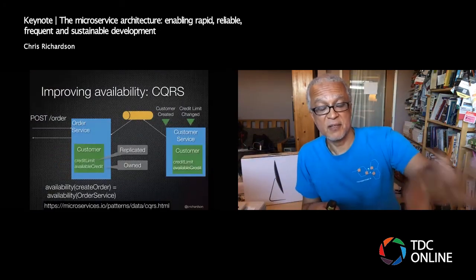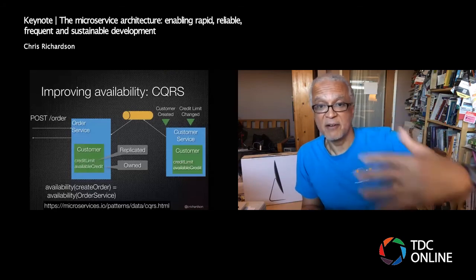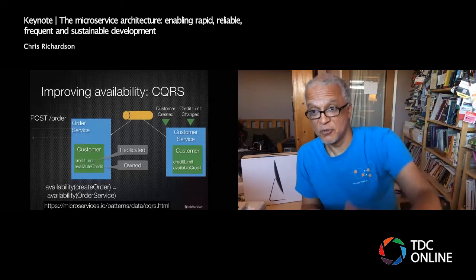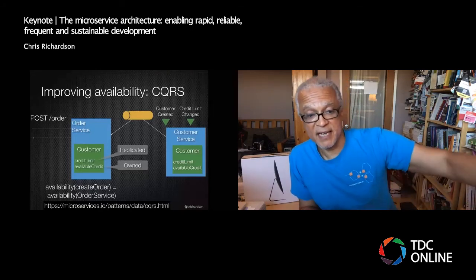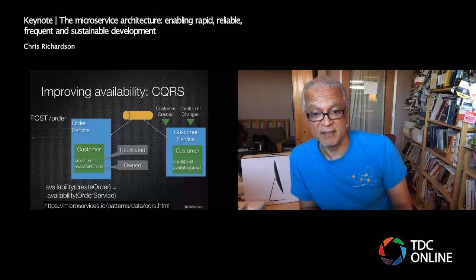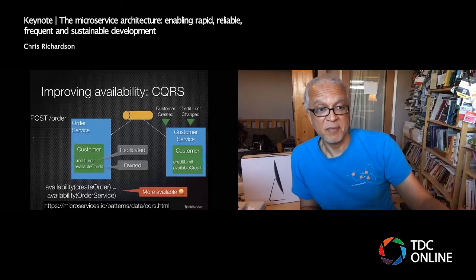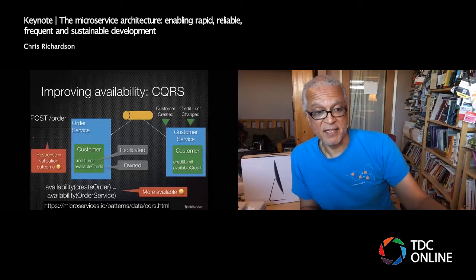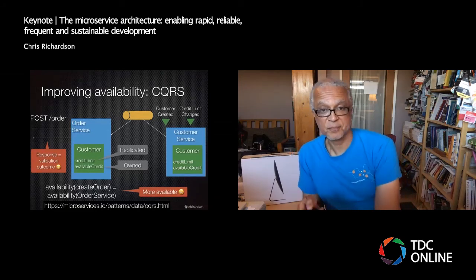This enables the order service to respond to order requests without having to talk to the customer service. By moving the data to where it's needed, we've made this service self-contained, which improves availability, and it also simplifies the API. The response can actually tell the client whether the order was approved or not.